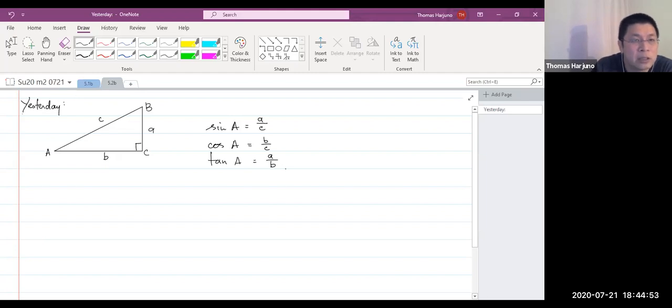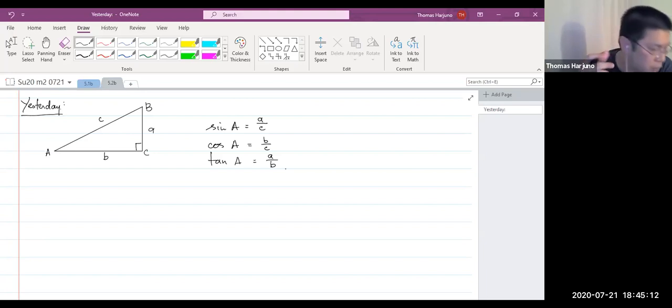That's yesterday. I like to start from there because we can understand trigonometry at an early stage by looking at the right triangle.